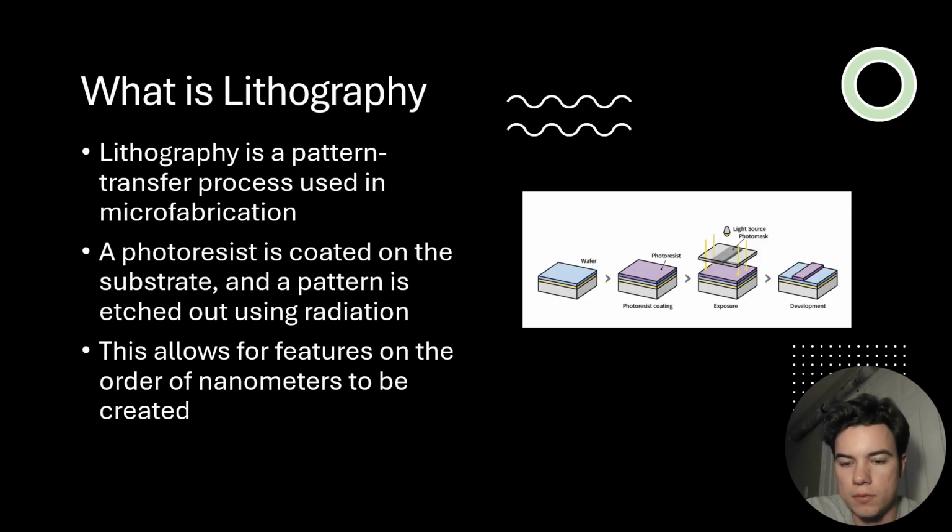And in this case, we have likely ultraviolet light that is etching out the substrate using the mask pattern. So with this pattern, very small features can be created on the orders of nanometers.